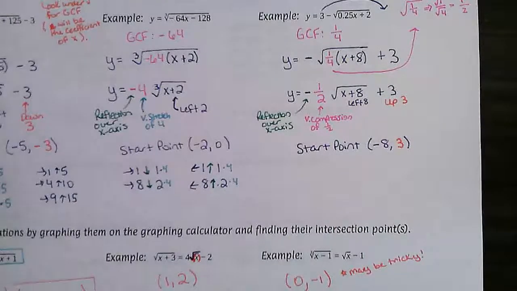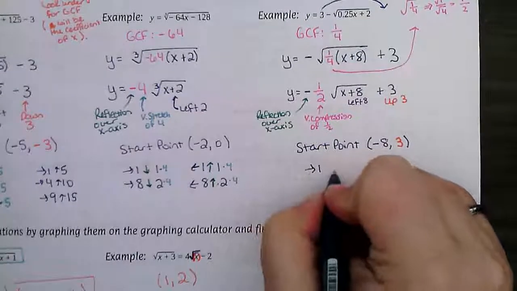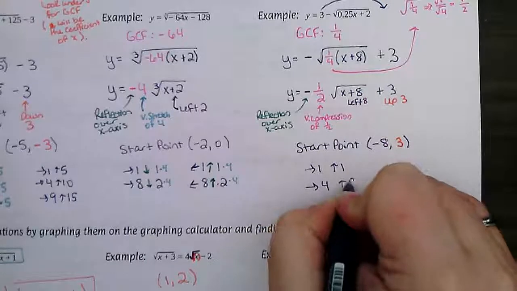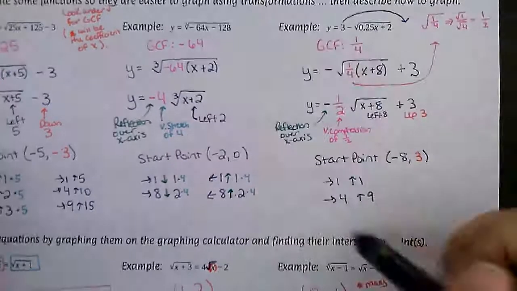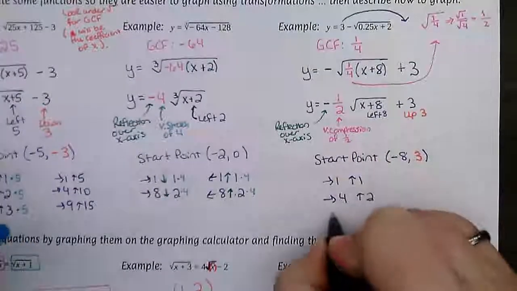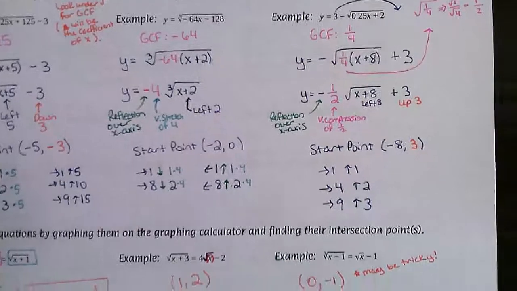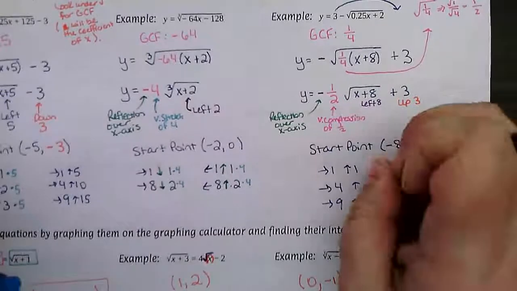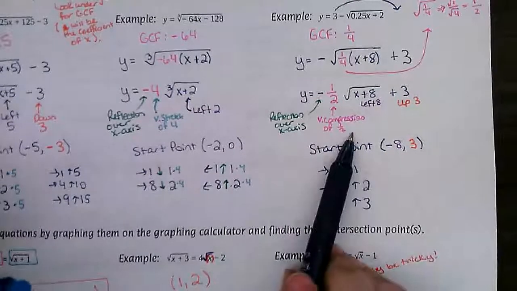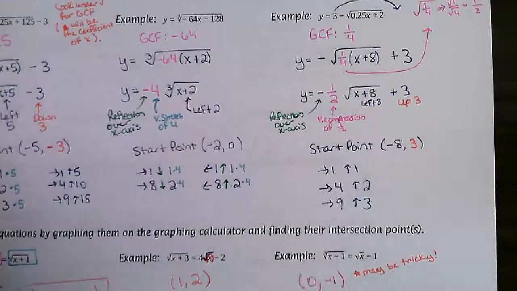Now my normal pattern for growing on a square root is right 1, up 1, right 4, up 2, sorry, I got ahead of myself, and right 9, up 3. There we go. That 2 looks really bad. So I still have a reflection and a vertical compression that messes with this stuff. What does the reflection mess with?